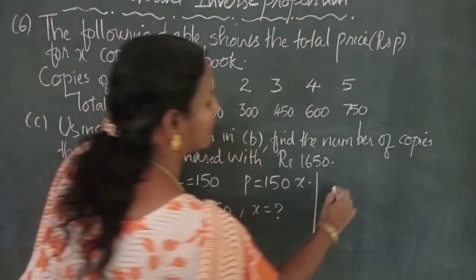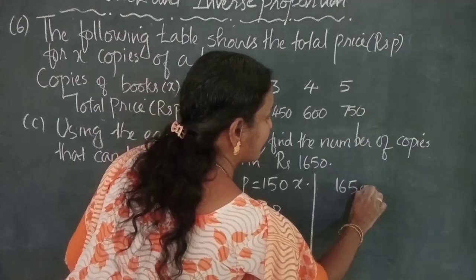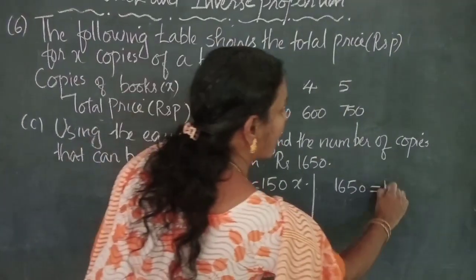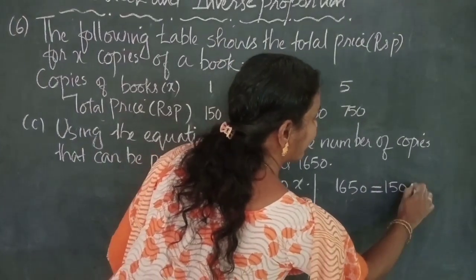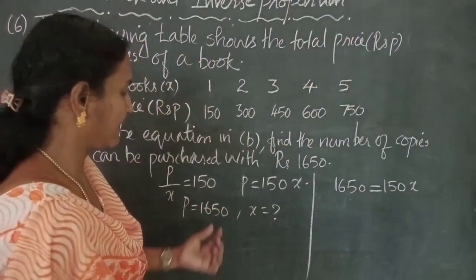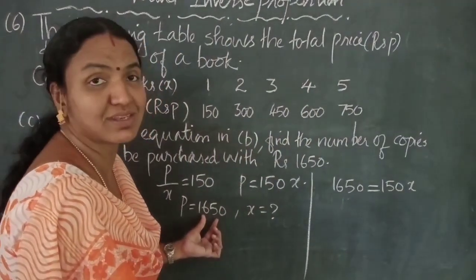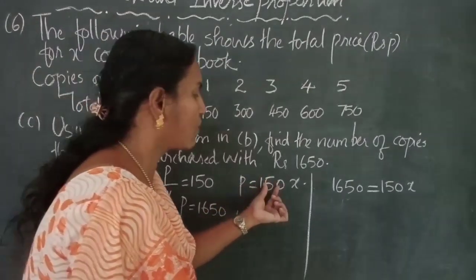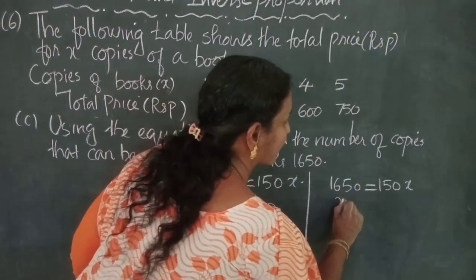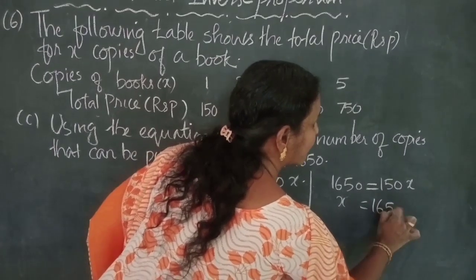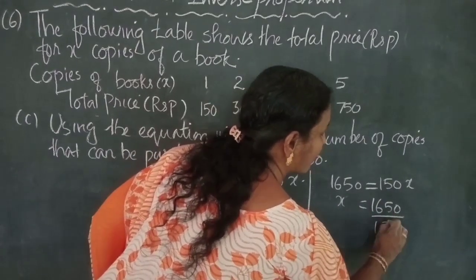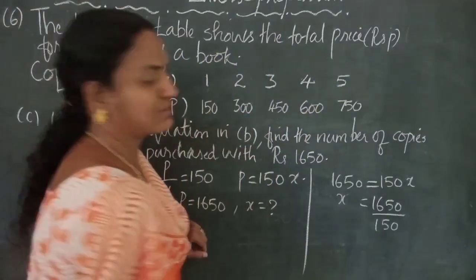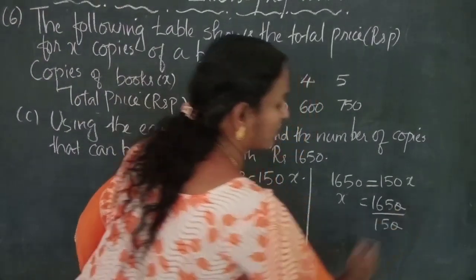So P is equal to 1650 is equal to 150 into x. So x is equal to 1650 divided by 150. We can cancel 0 and 0.